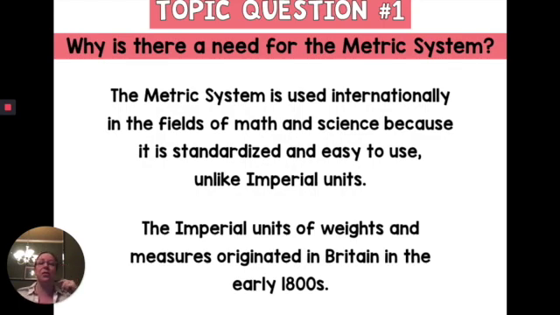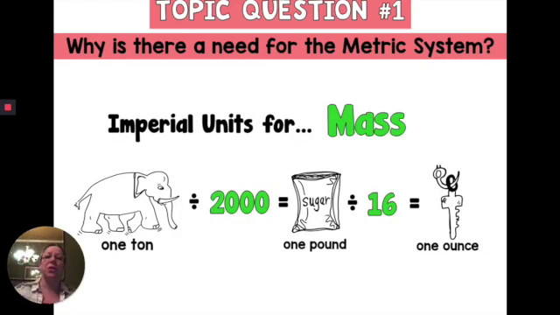The imperial units of weights and measures originated in Britain in the early 1800s. An example of imperial units for mass would be things like 1 ton, 1 pound, 1 ounce, things that you're maybe used to using. Well, if we think about this, it can go backwards and forwards.